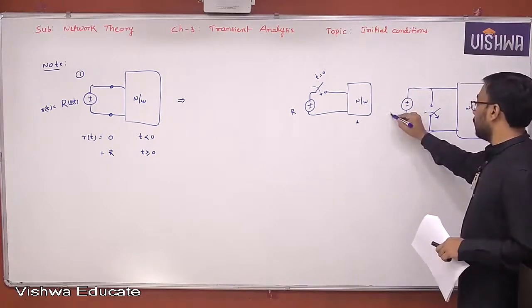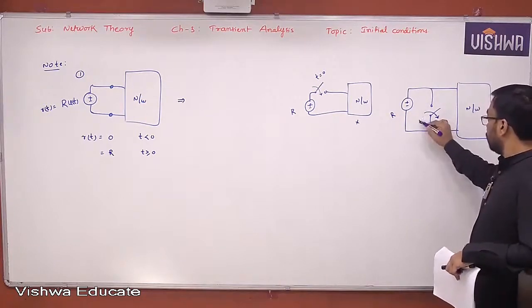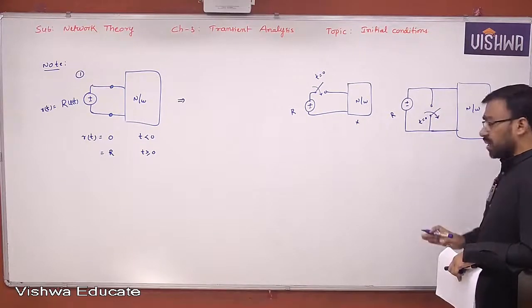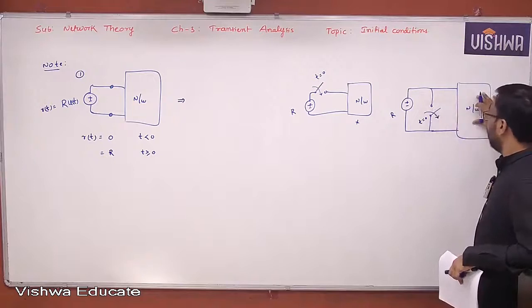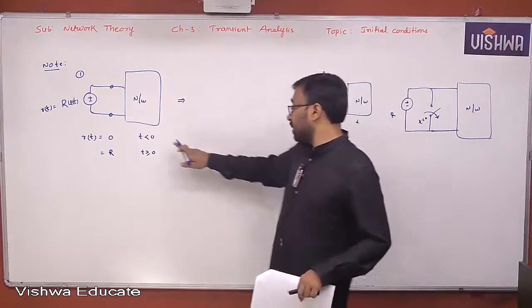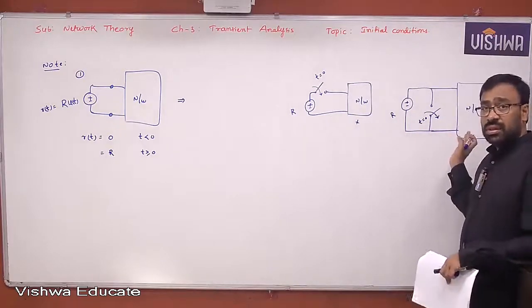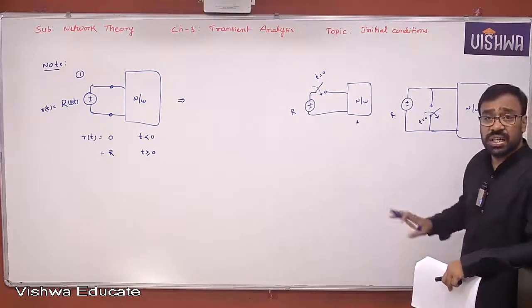This is capital R. Now look at this, all of you. For t less than 0, the switch position is what? Short circuit. Yes, it is a short circuit. Short circuit is given to the network. Therefore, the first condition is satisfied. For t greater than or equal to 0, okay, capital R is given to the network. Therefore, the second condition is also satisfied.